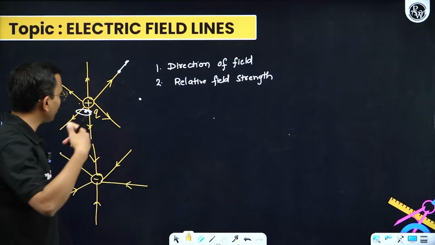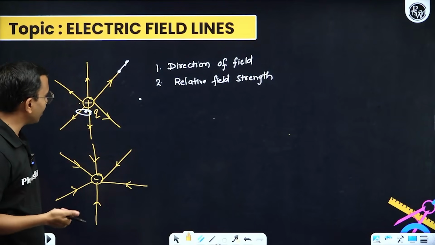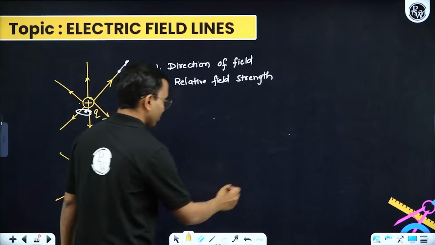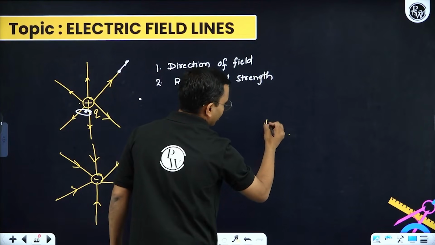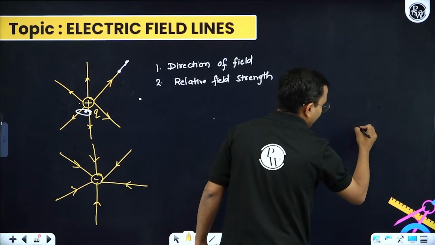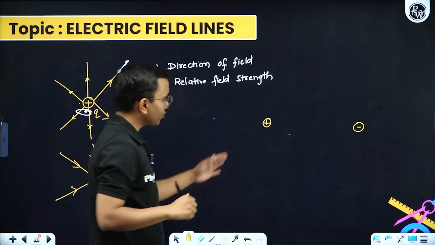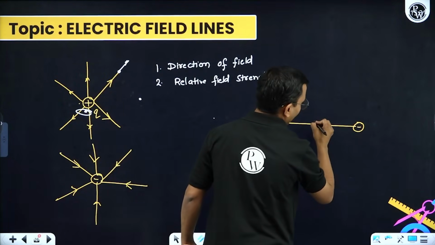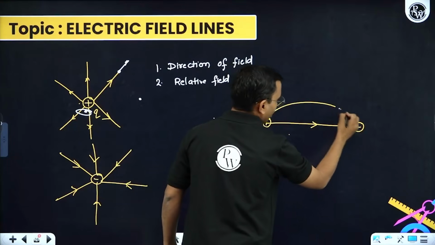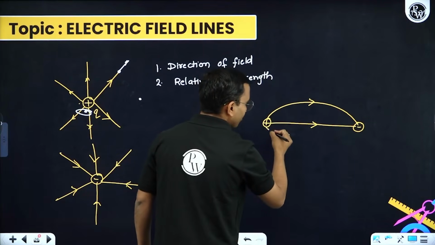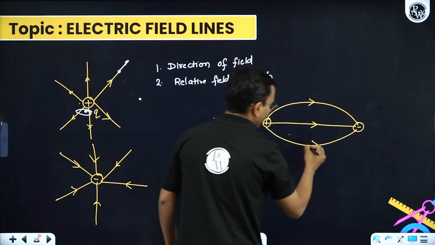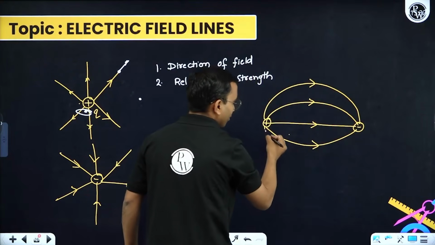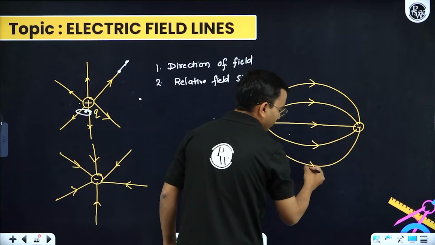Let us take if there is a positive charge and a negative charge, both present, how will the electric field lines be? Let us take this is a positive charge and this is a negative charge. The field lines will start from the positive and end at the negative.